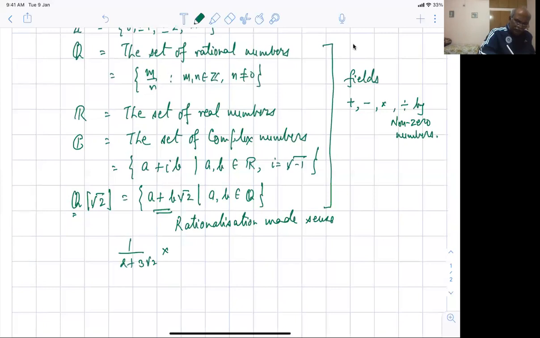I can multiply by 2 minus 3 root 2 over 2 minus 3 root 2, and then write it as 2 minus 3 root 2 divided by 4 minus 18, I hope. So the important thing is that I would like you to always be careful. I make lots and lots of mistakes in my calculations. So please correct yourself or correct the notes whenever there is an error. All right. So here 2 into 2 is 4. So it's correct. I think 3 into 3 is 9, into 2 is 18. So I hope it's correct.